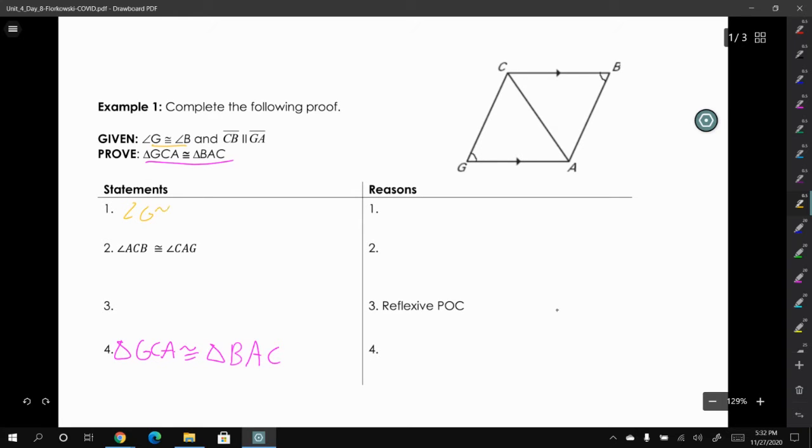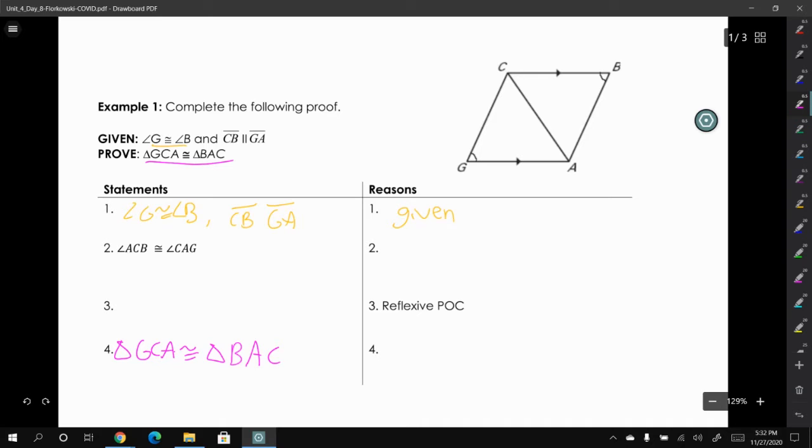Angle G is congruent to angle B. And CB is parallel to GA. That's given. So now those things are marked for us already. What I'm going to look at is now angle ACB is congruent to angle CAG.